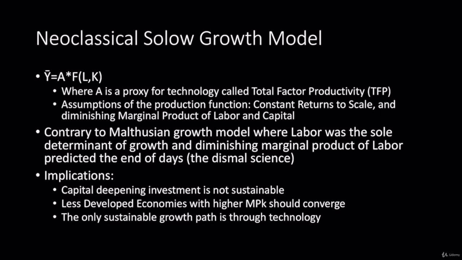And A is not something that we observe directly in the economy. It's something that we estimate. Now, not that long ago, before the neoclassical growth model, we were under the premise of a Malthusian growth model.